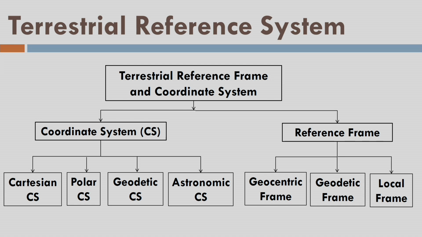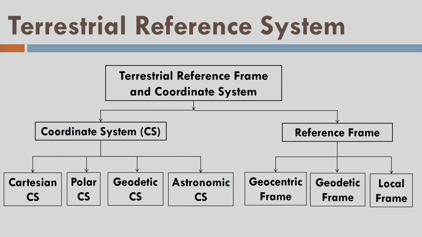At the same time, we have the geocentric reference frame, the geodetic reference frame, and the local reference frame. Remember, the origin of the geocentric frame is located at the geocenter or center of mass of the earth.